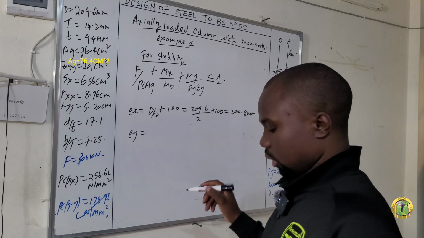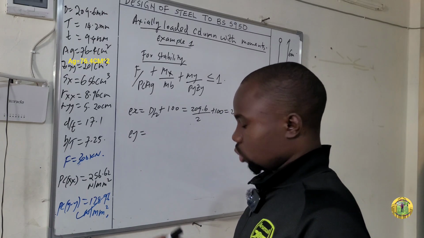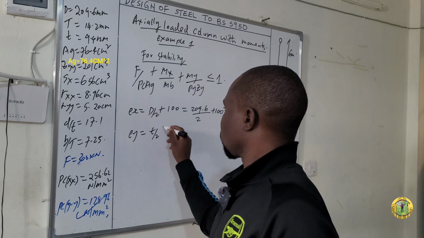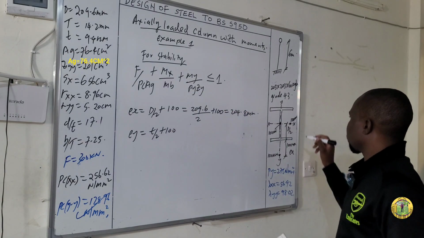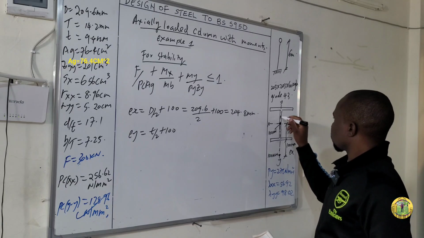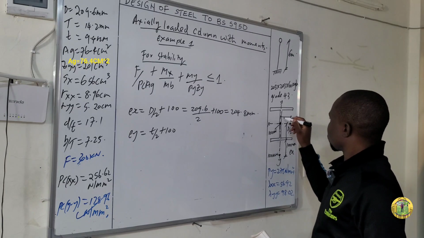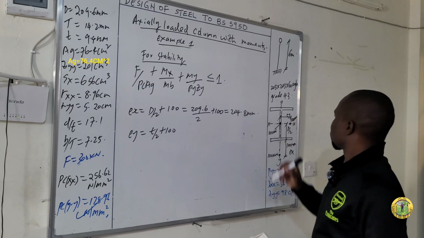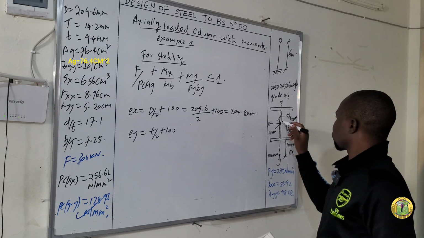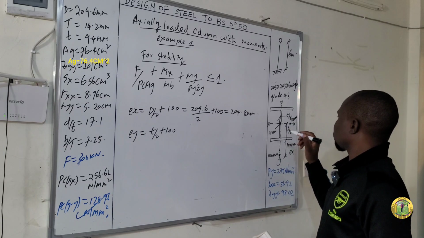And then we have the EY. So EY is equal to T over 2 plus 100. So this load here is eccentric from the YY axis. So this is EY. And remember this distance from here to here is 100.